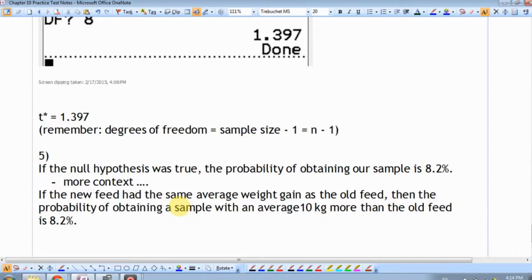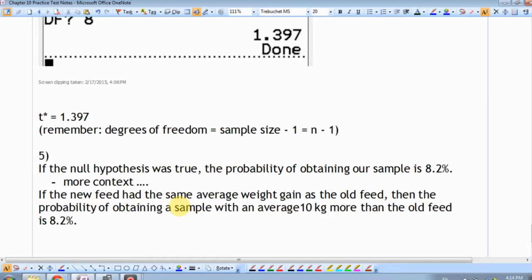We could pick some pigs or livestock that gain more weight and some livestock that gain less weight. And we're not sure exactly which ones are going to be in our sample. So because of that sampling variability, this 10 kilogram more weight gain should happen about 8.2% of the time because of sampling variability.